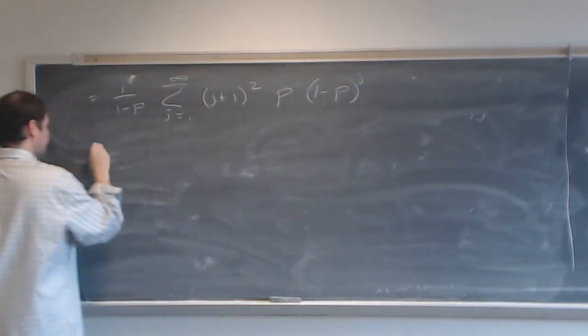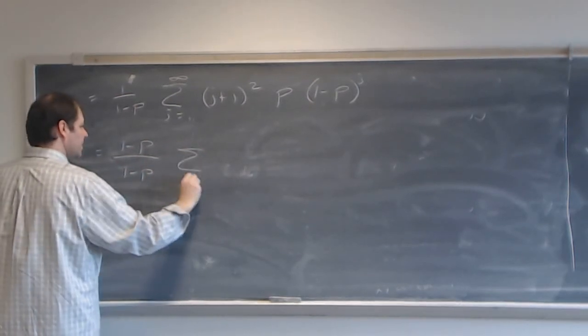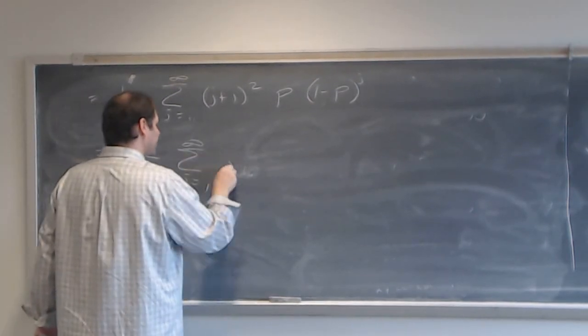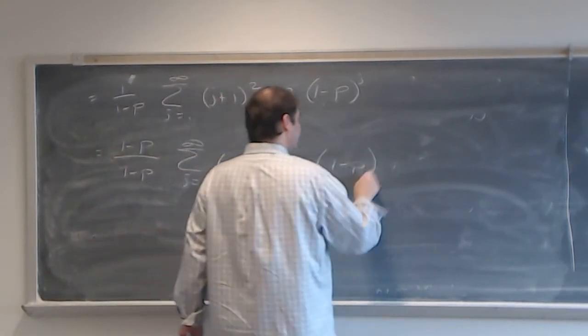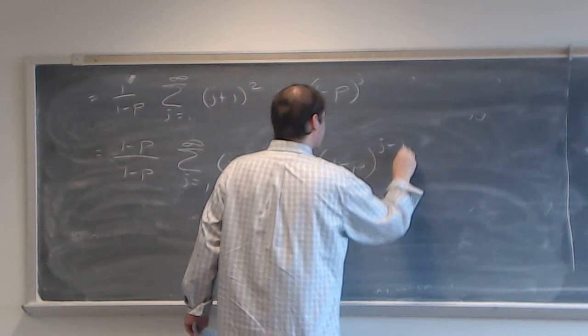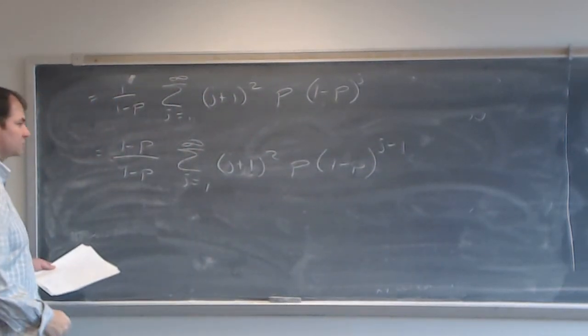We pull out a 1 minus p. Sum j equal to 1 to infinity, j plus 1 squared p, 1 minus p to the j minus 1. Then, yeah, that's where we are.